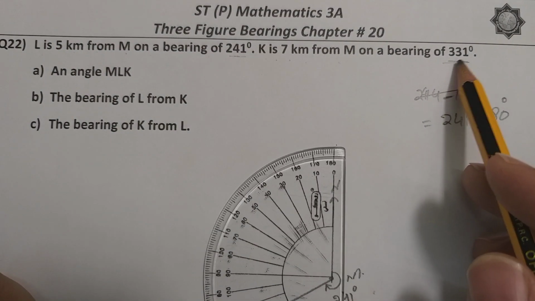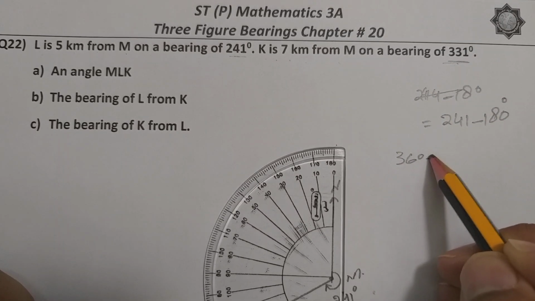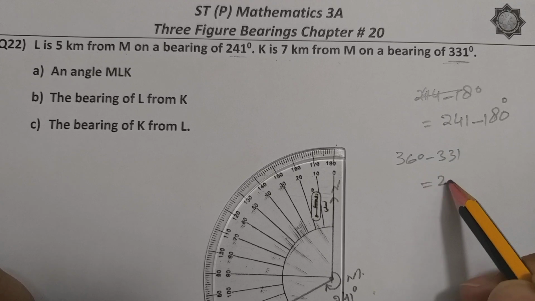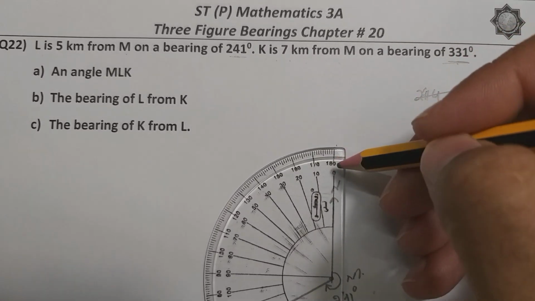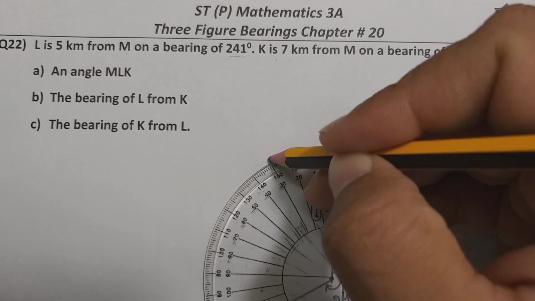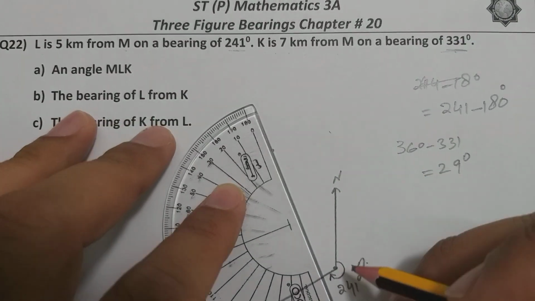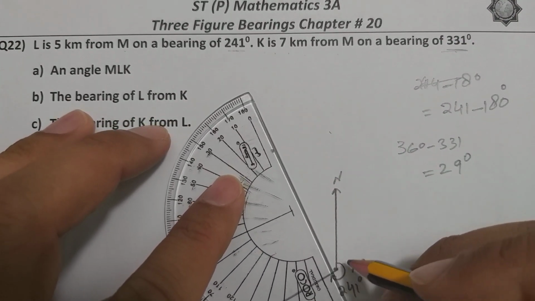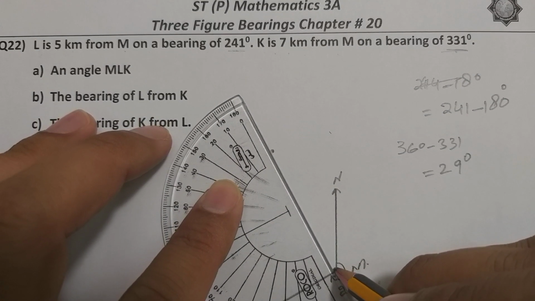So 331 is less than 360 by 29 degrees. So 360 minus 331 gives you 29. Join these 2 points, we get the bearing from M to K, which is given.